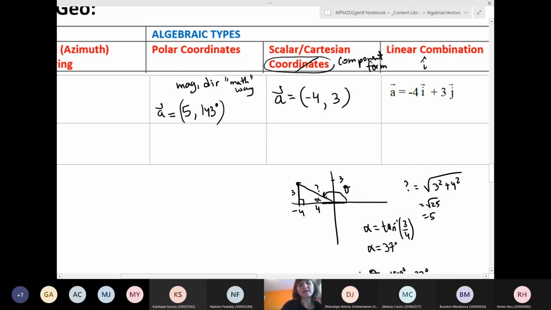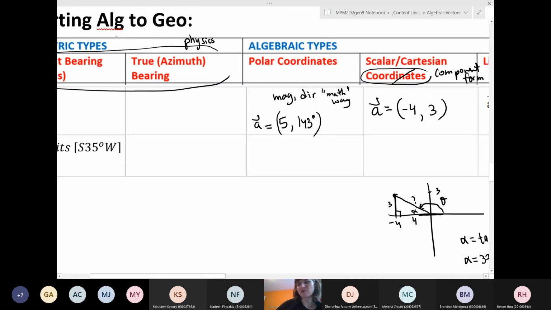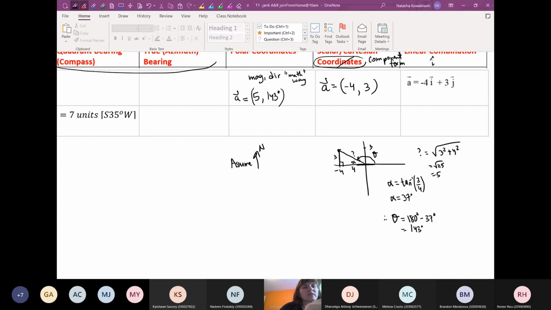Okay, then if you wanted to convert it to quadrant and the physics, so these right here, this is for physics class. Oops, physics with PH. Okay, you would have to predefine and say you're going to make an assumption. North is up. Assume north is up. And so we can say the size of that one would be, let me switch the colors.